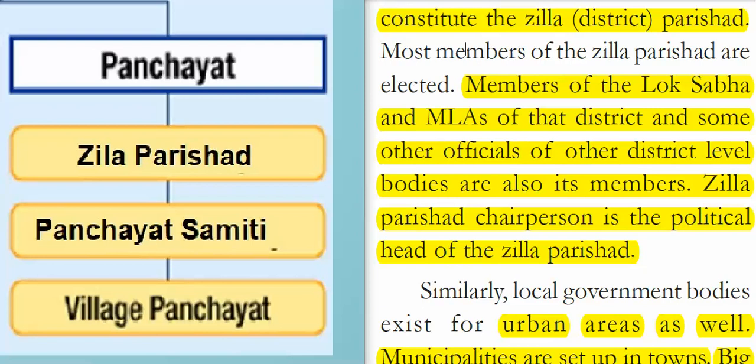All the panchayat samitis or block samitis in a district form the Jila Parishad. Most members of the Jila Parishad are elected members of the Lok Sabha and MLAs of that district, and some other officials of other district level bodies are also its members. Jila Parishad chairperson is the political head of the Jila Parishad.